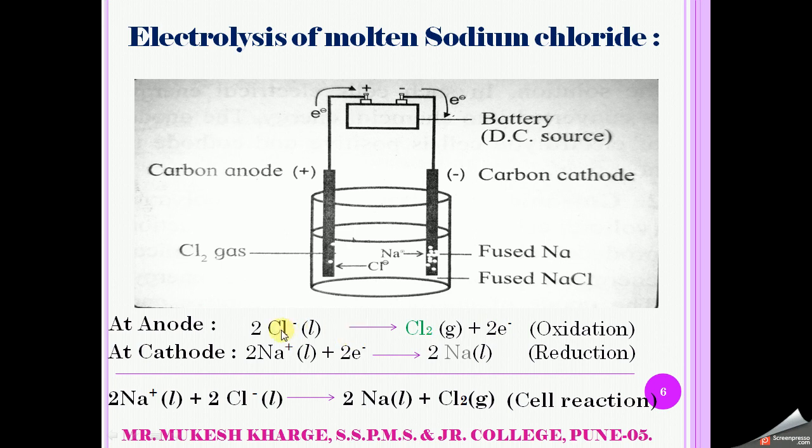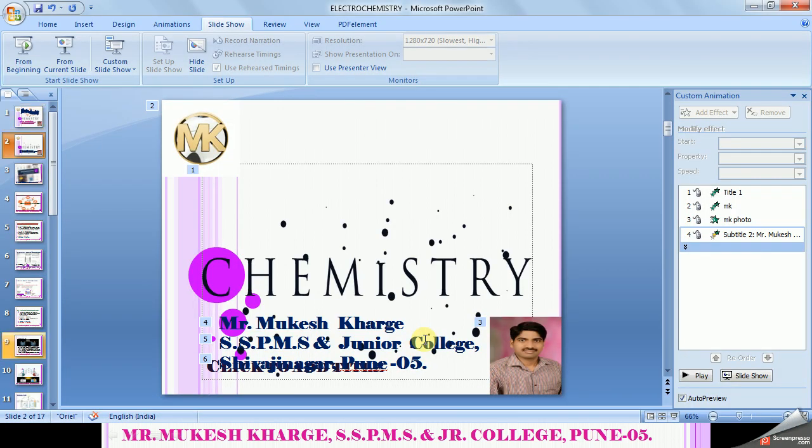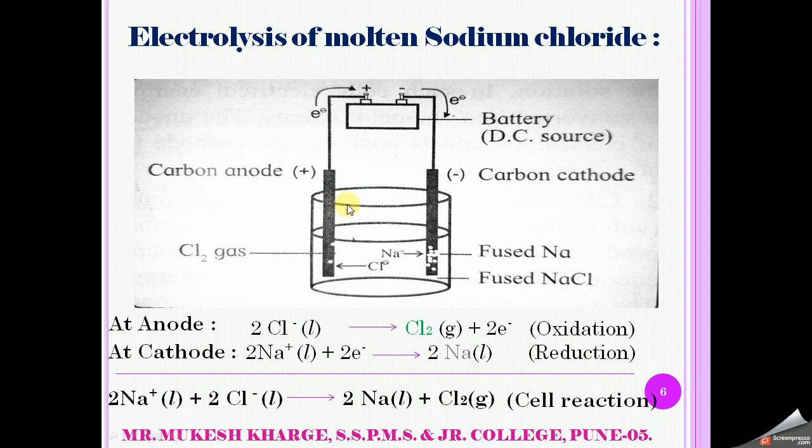Those 2 chlorine atoms combine together and form a chlorine molecule in gaseous state. So the reaction at the anode is 2Cl minus liquid gets converted into greenish chlorine gas plus 2 electrons.